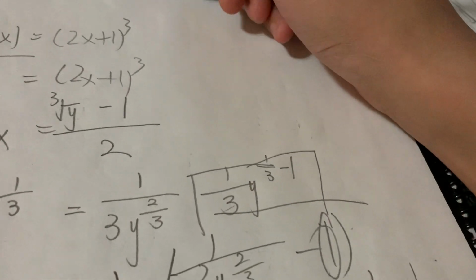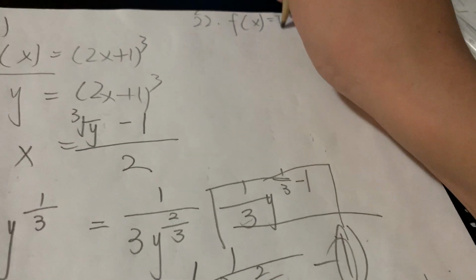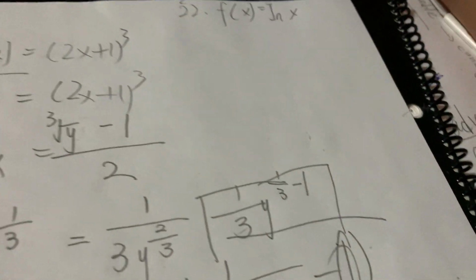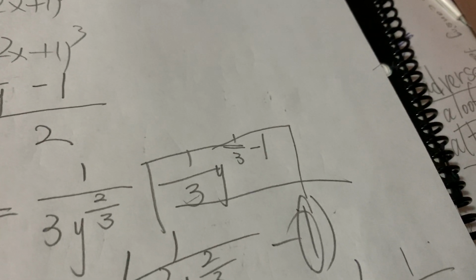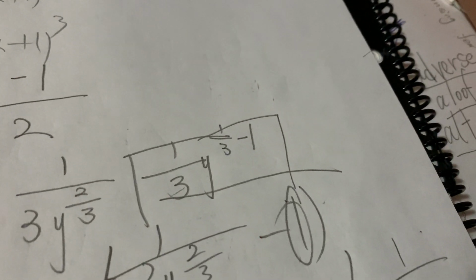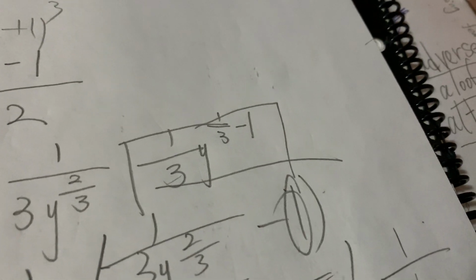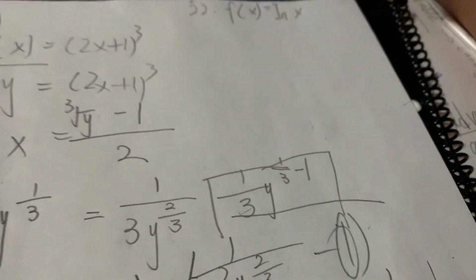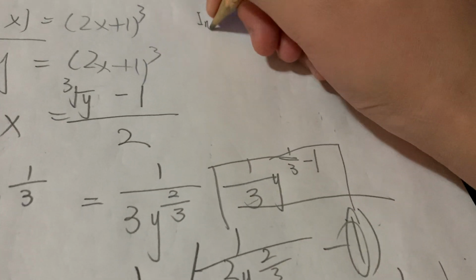22. It requires us to find the absolute maximum of the following function f(x) equals ln x divided by x.